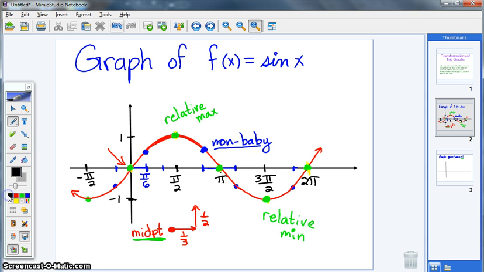By the way, at this point, I want to let you know that I have upped the conditions and criteria for graphs. So you now need to label 5 points on the graph. You need to label a relative maximum. In this case, that would be pi halves, 1. You need to label a midpoint. So for example, maybe pi, 0. You need to label a relative minimum, such as 3 pi halves, -1. But you now must also label 2 non-baby points.